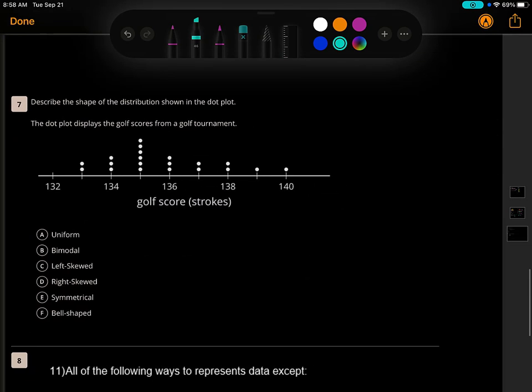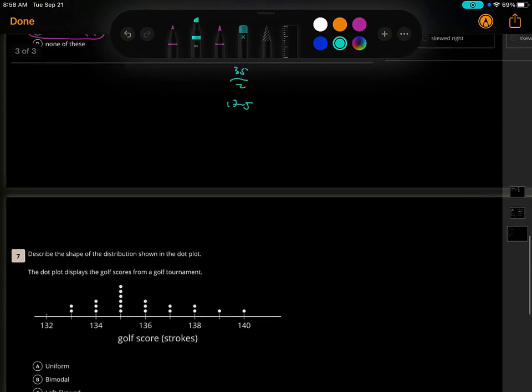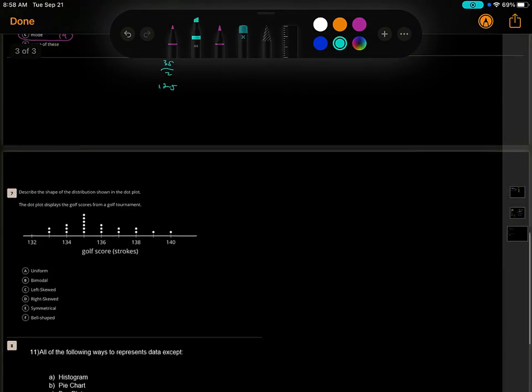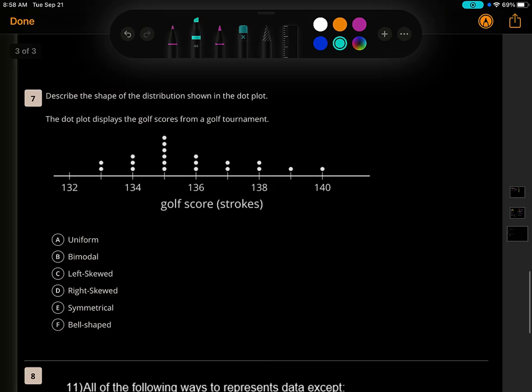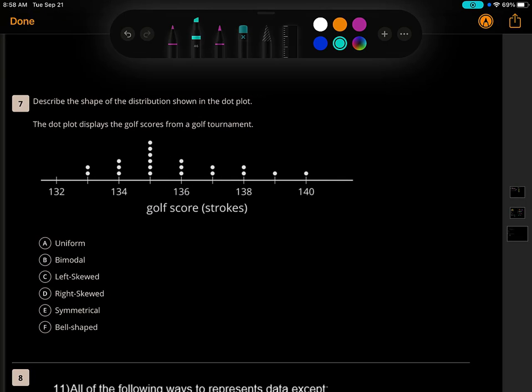Number 7. Am I doing this right? Describe the distribution shown in the dot plot.